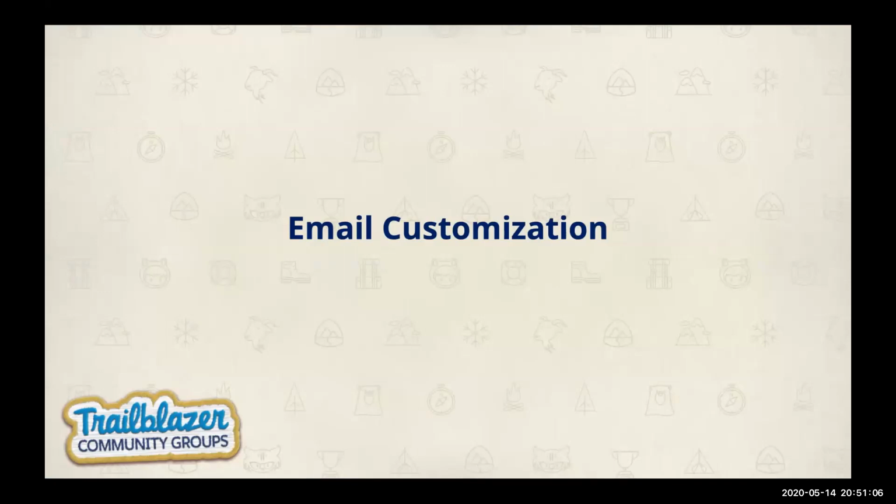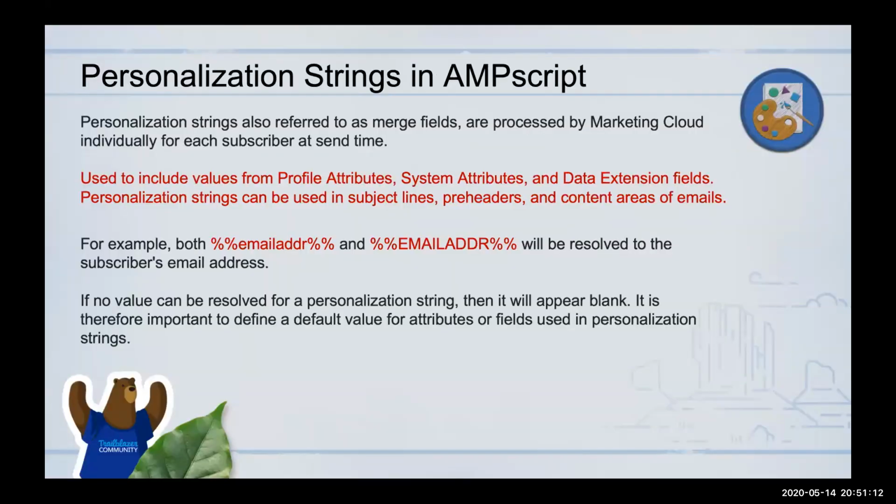So this is where you get to the fun part, my favorite part, the customization of the emails themselves. So personalization strings in AMPscript. Originally, this was just personalization strings, but it's important to know that there's several things that are standard for Salesforce Marketing Cloud for AMPscript that are not standard in other applications.